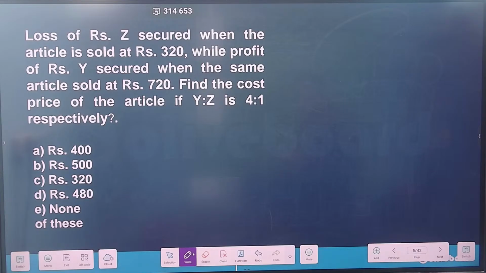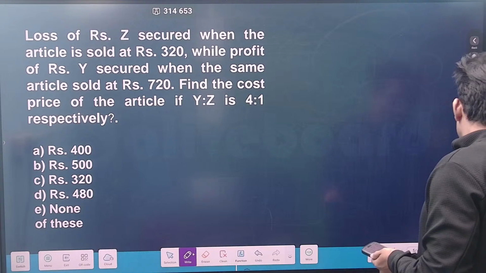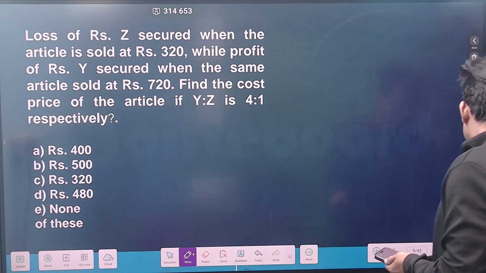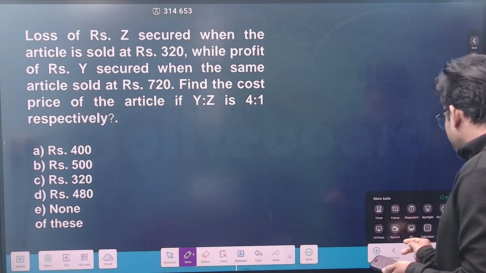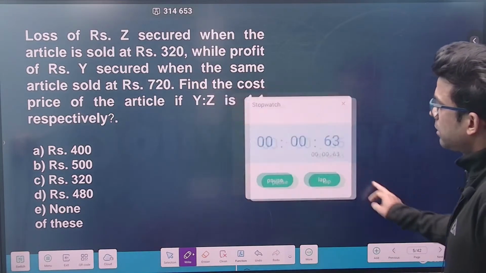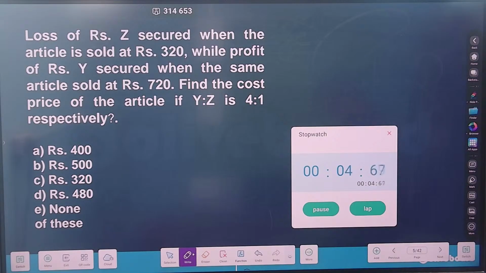At least read it out. Let me give you the timer, the stopwatch, so that you can start. Come on, guys, try figuring it out.